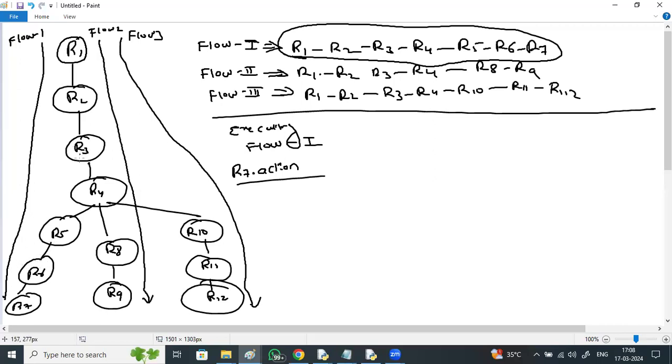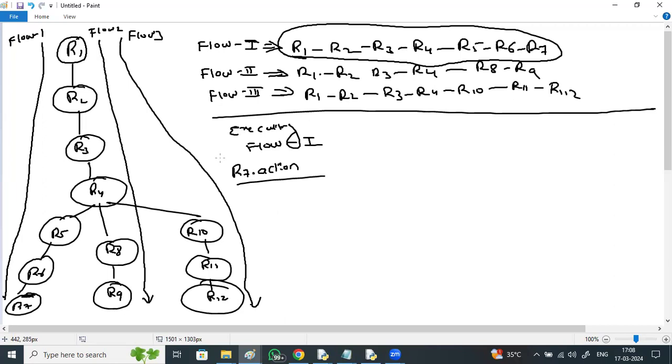If I say R3 dot action, the flow executes from R1 to R3 and R3 output is collected. So on whichever RTD you perform the action matters. If you say R7 dot action, R7 has to get the input from whom?